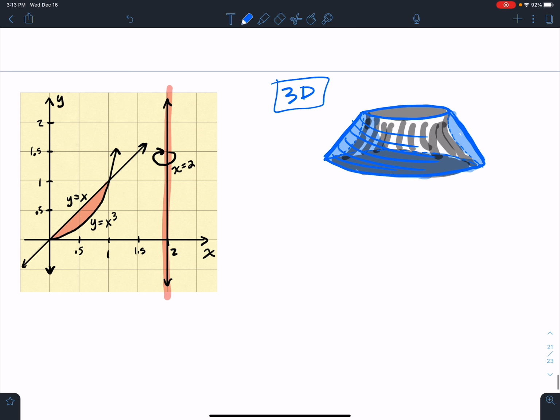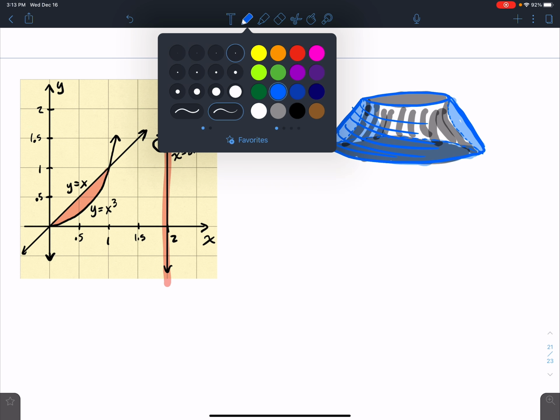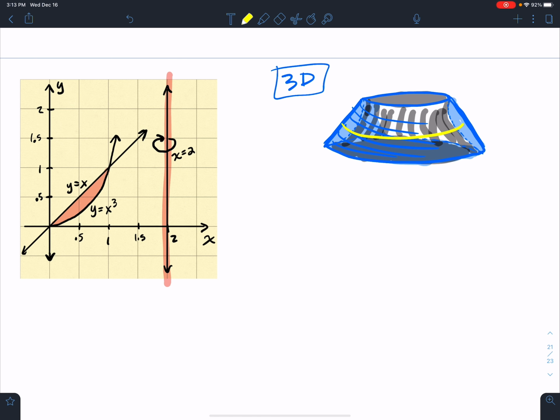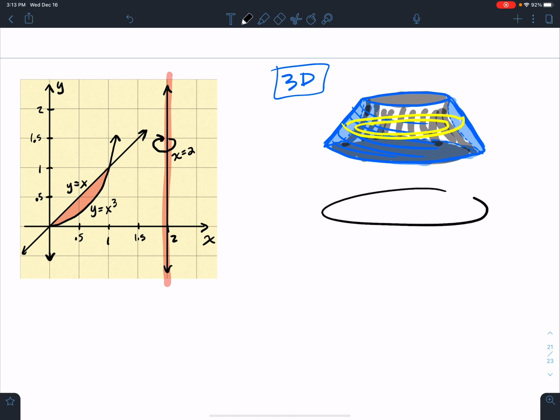Okay. So, what I want to do is I want to take a cross section. So I'm going to take one cross section through it. And then whenever I take that cross section through it, I realize that it is hollow in the middle. So what does that tell me? That tells me I'm dealing with the washer method.